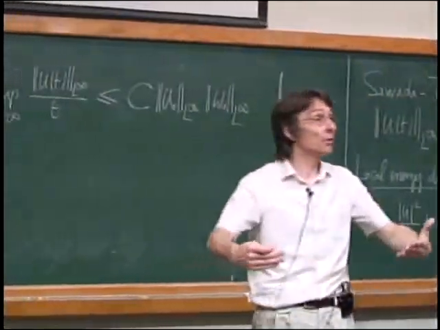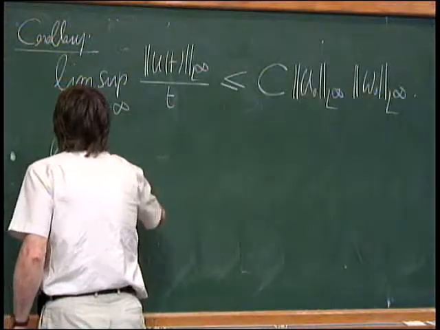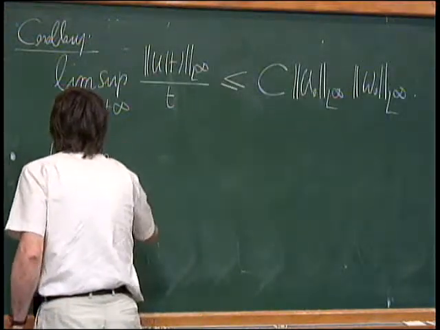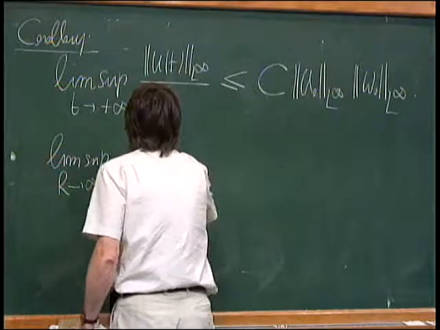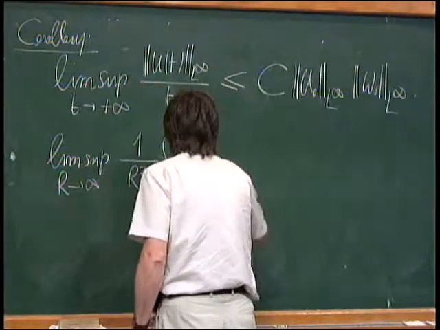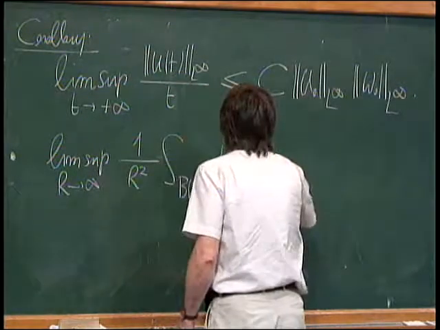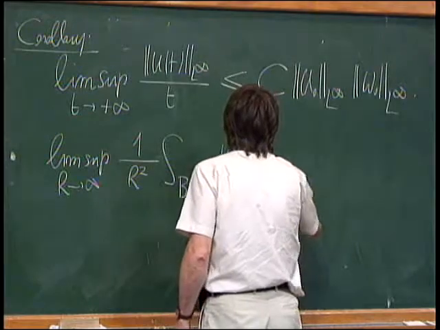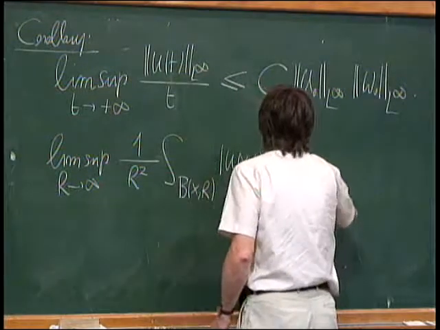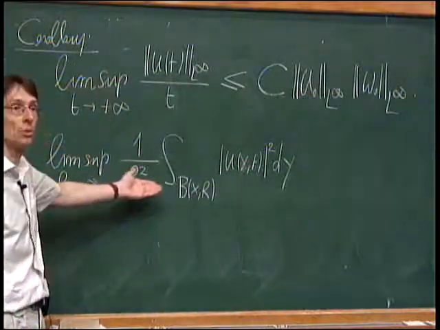You can try to average. So if you take, for instance, the lim sup as r goes to infinity of 1 over r squared times the integral over the ball of center x and radius r of |u(y,t)|^2 dy, given any solution, I can try to compute that quantity.